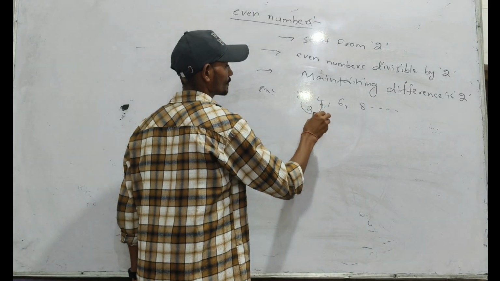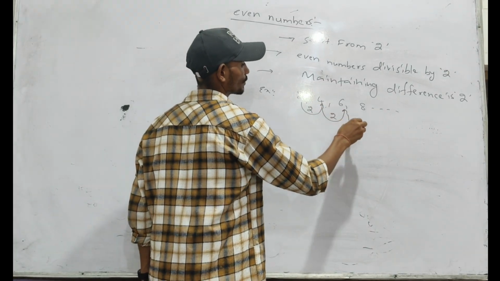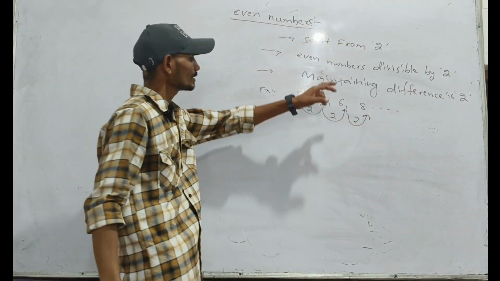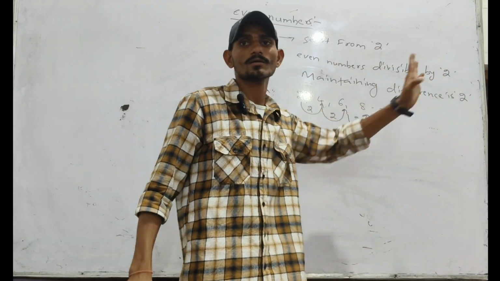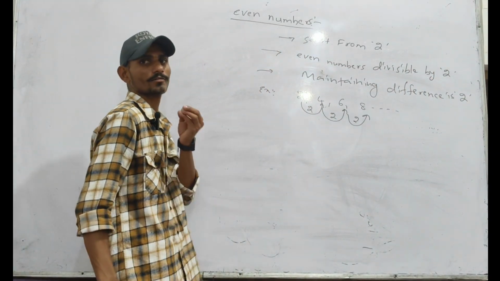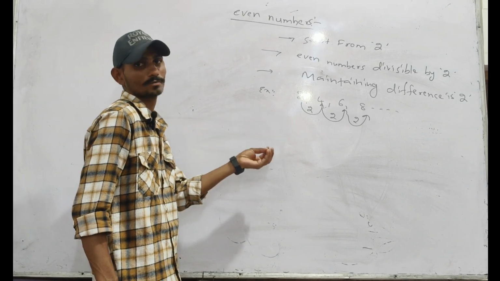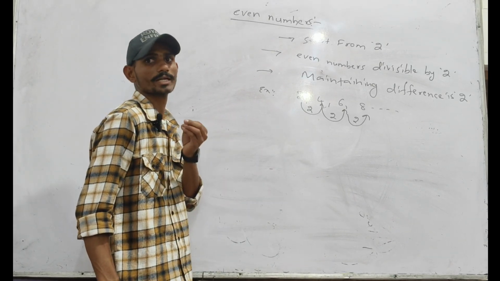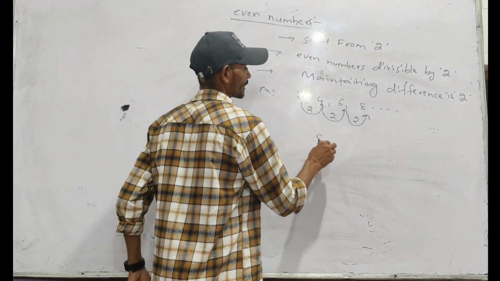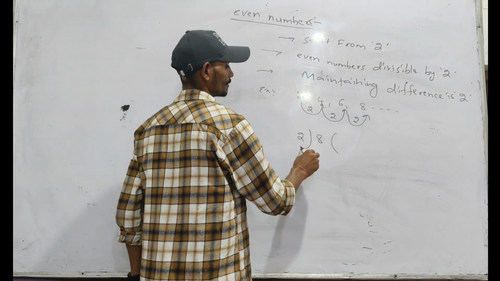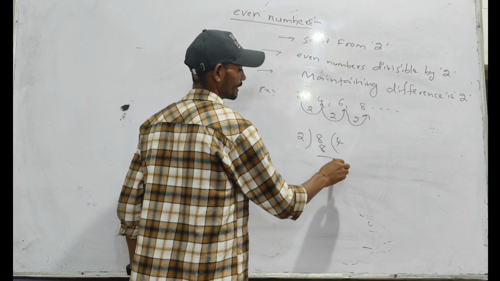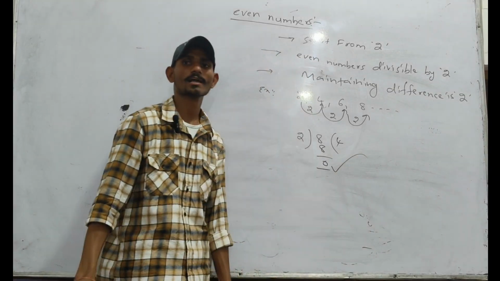Maintaining difference is always 2. And one more condition is even numbers are divisible by 2, which means if you take any even number and divide it by 2, the remainder is 0. I am taking now 8, then I divide by 2, 4 twos are 8, remainder 0. The remainder is always 0.